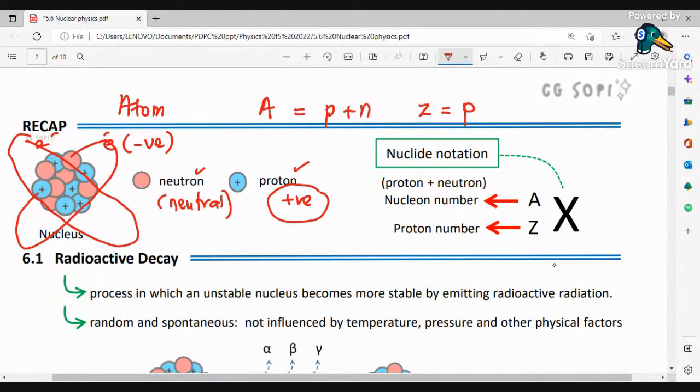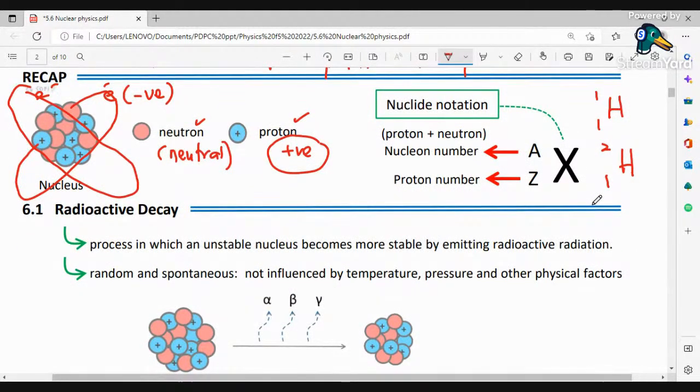For example, hydrogen 1, 1. Element hydrogen, nucleon number 1, proton number 1. Itu contoh hydrogen. Deuterium 2, 1: nucleon number 2, proton number 1. Itu contoh nuclide notation for element. Ada banyak lagi.